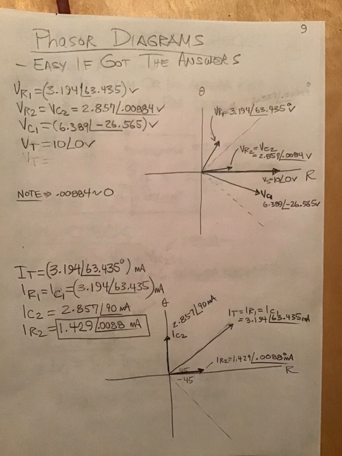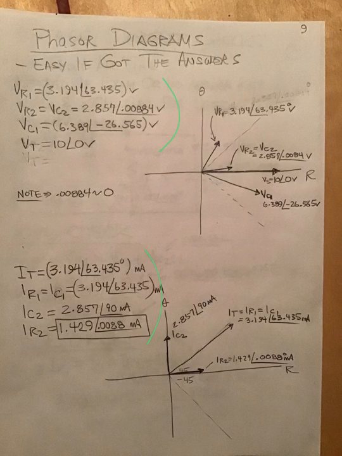Okay, last couple of slides. We want to draw phasor diagrams, and realistically, I don't have to say a whole lot here. It's pretty obvious if you look at it that we have all the voltages here and we have all the currents here.